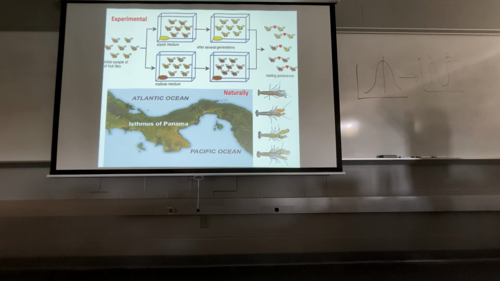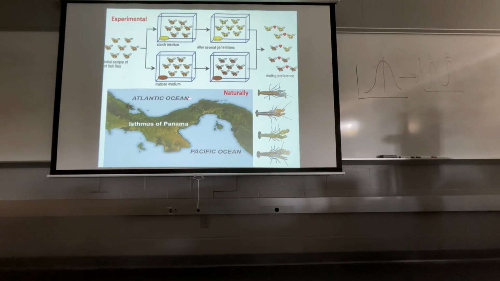And then every once in a while you'll get a random mating between a maltose and starch. And there are differences in their reproductive behaviors and who they want to breed with. So you can do it artificially with flies relatively quickly within a couple years if you keep populations separated.